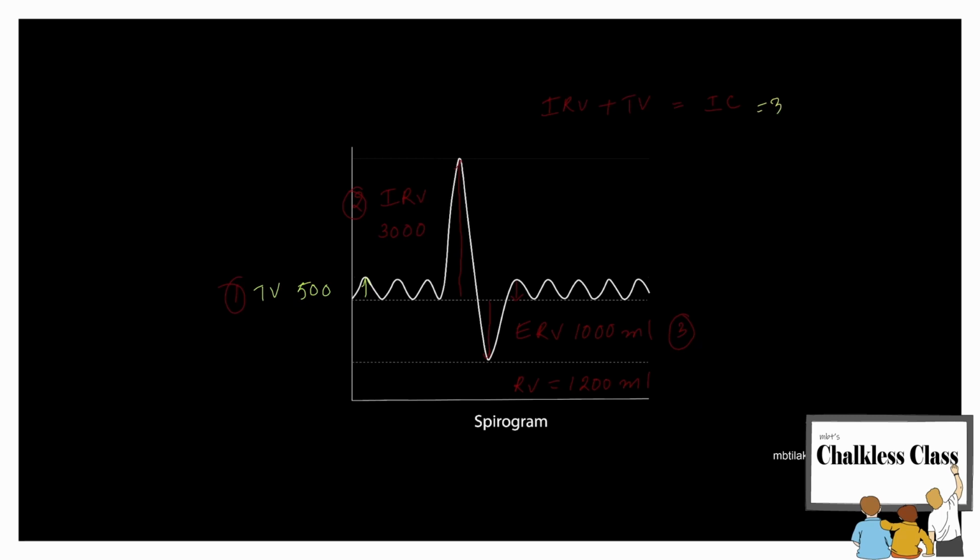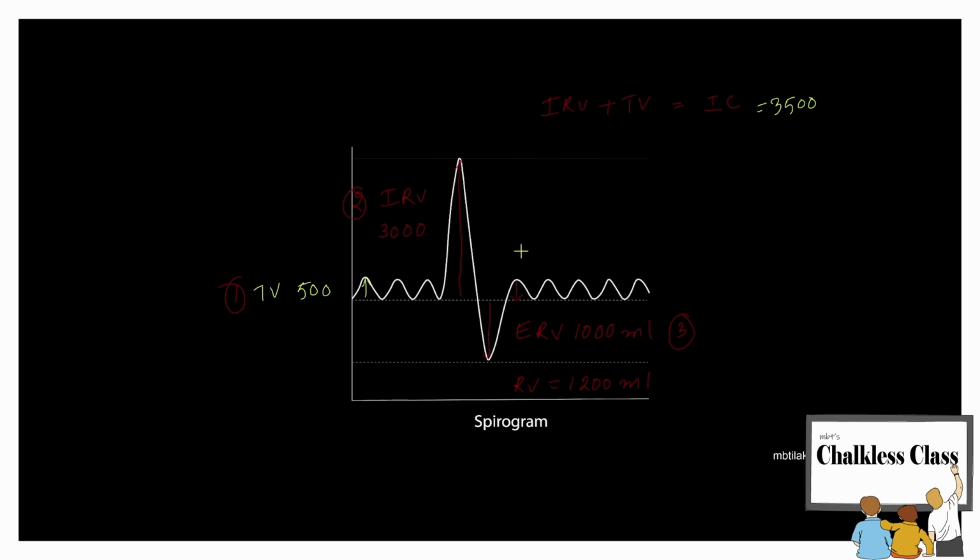This is equal to 3500. We can define it as: after normal expiration, the volume of air which is forcefully inspired is called inspiratory capacity. See, I'll explain. After normal expiration, the volume of air forcefully inhaled contains IRV as well as TV. So this is the inspiratory capacity, 3500 ml.